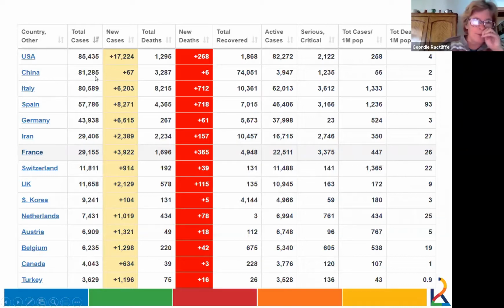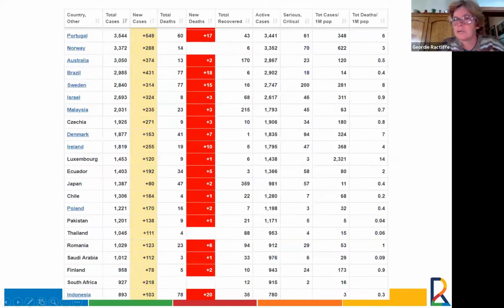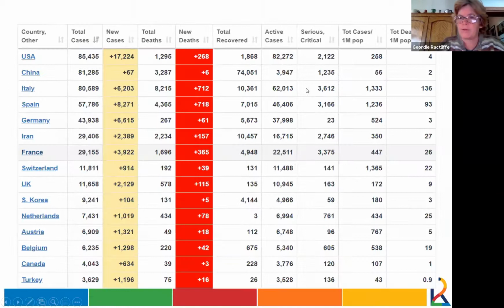Then Europe became the epicenter of where the virus spread to because of international travel, with Italy and Spain being particularly hard hit. But of course, around March, it moved into the US, and the US now has the most cases.